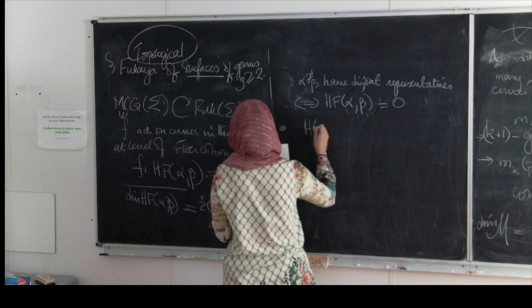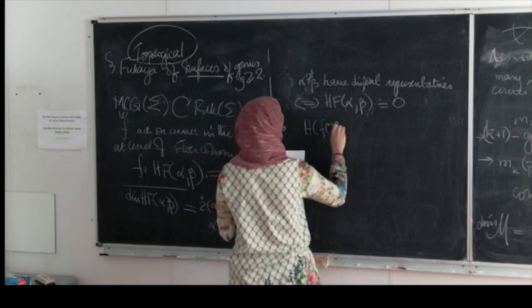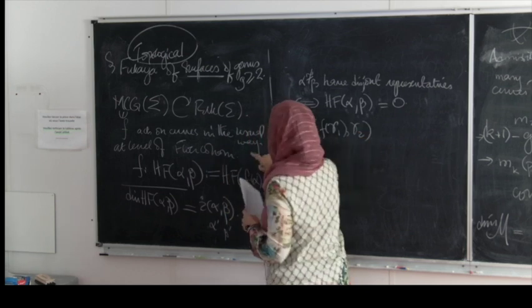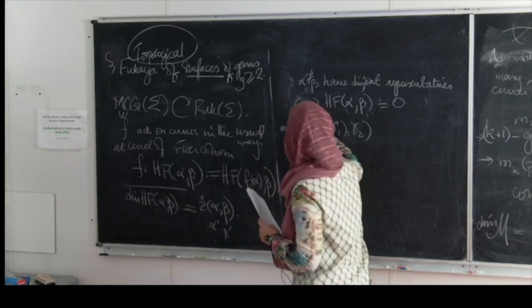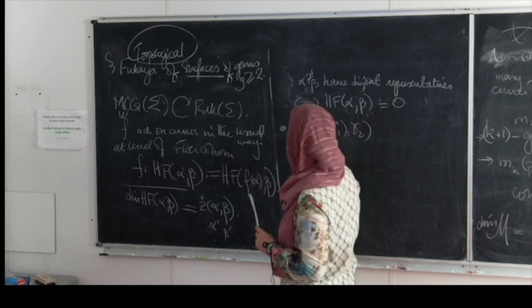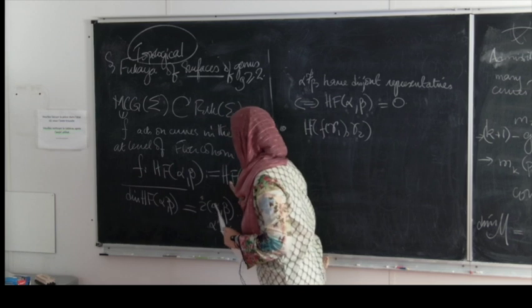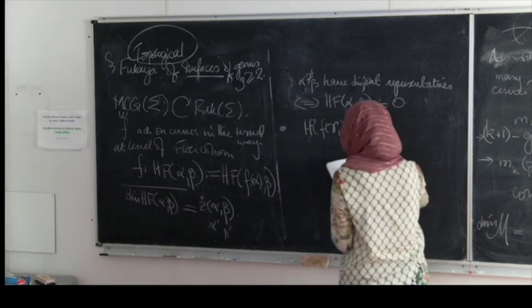So HF for an admissible pair, HF of f of gamma 1, gamma 2. So this is the Floer cohomology of this pair which has been acted upon by a mapping class.